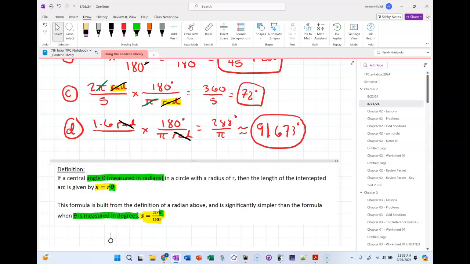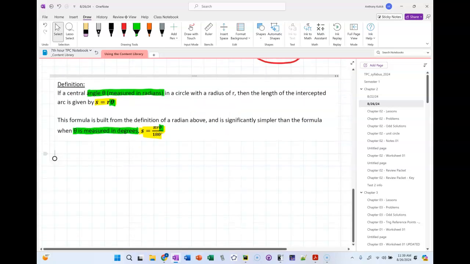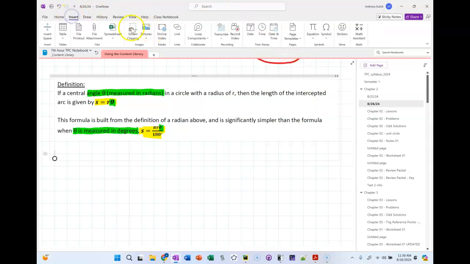So let's do a little bit of practice using those formulas.